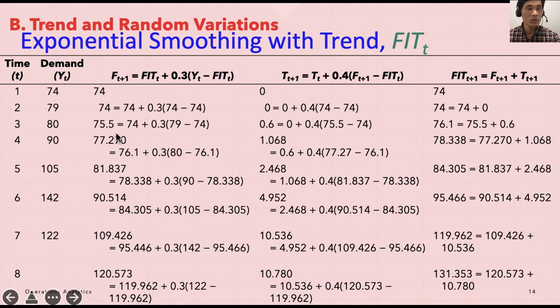Therefore, 75.5 plus 0.6 gives you 76.1. So that's your new FIT 3 you found right here. And similarly, you go through the calculations for the F t plus 1 column, T t plus 1 column, and FIT t plus 1 column right here. So that's how exponential smoothing with the trend can be calculated, and you can project it yourself.